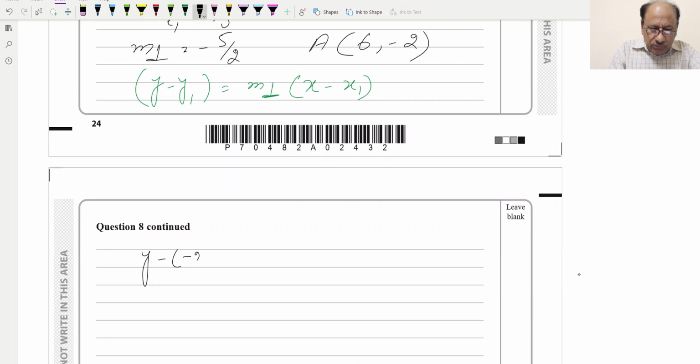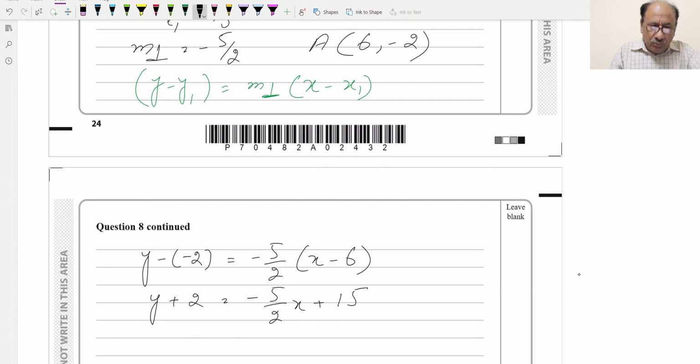So y minus of minus 2, and this is equal to gradient of the perpendicular, minus 5 by 2, into x minus x1, which is this 6 value, so we can write here 6, and we can open the bracket.